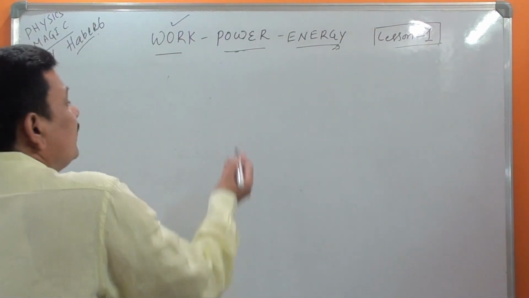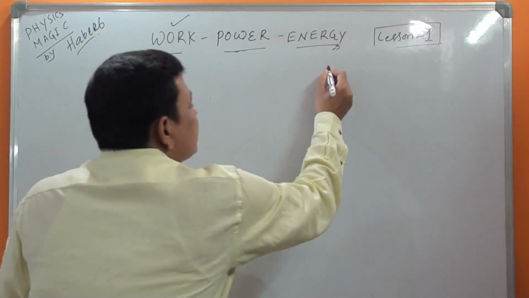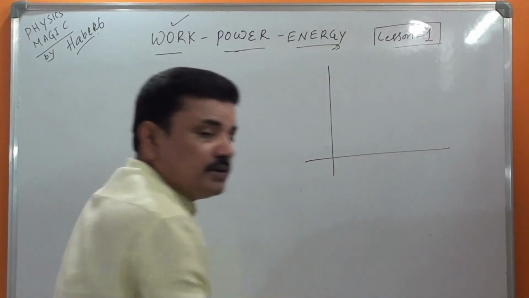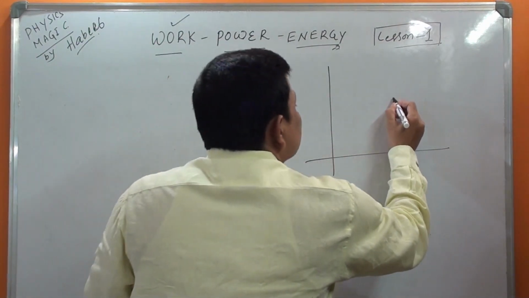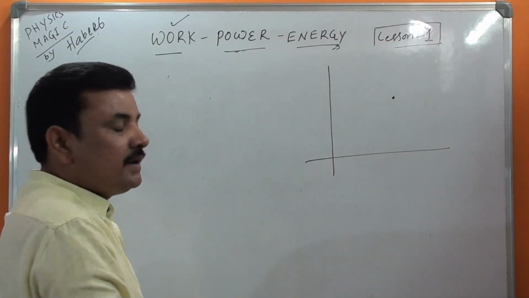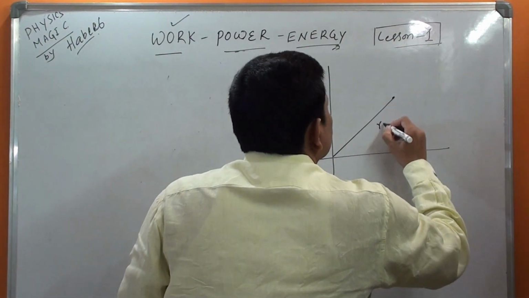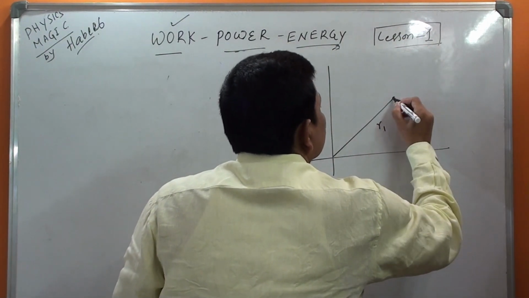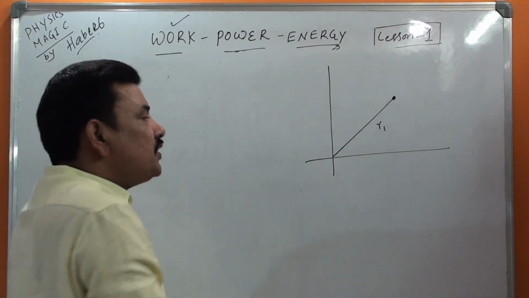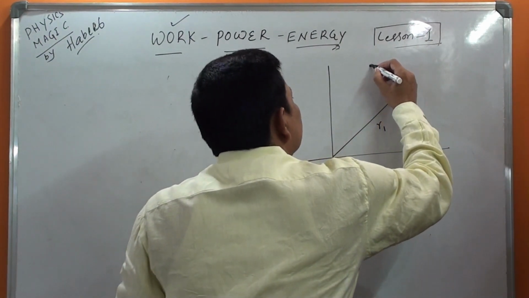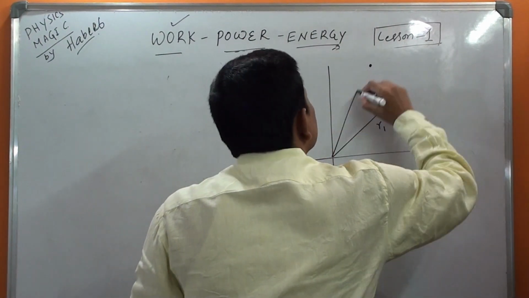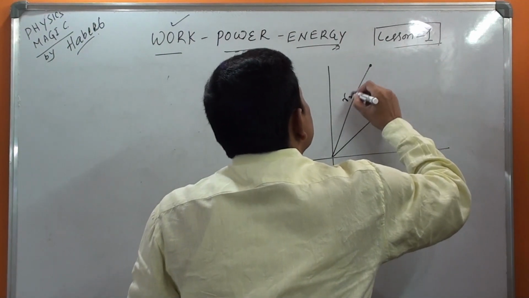Another very, very important concept I am taking here. Let us suppose a particle is here. This is at a position, say R1. Now because of the application of the force, let us suppose its position is changed to R2.